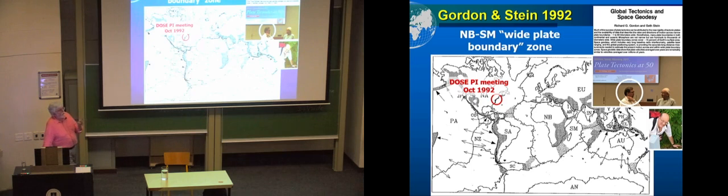We use the radio telescopes. And so after the DOSE meeting, I became involved with the astronomer in Cape Town, Bob Stobie, and the Hartebeesthoek Radio Astronomical Observatory, in beginning to use the radio telescopes as well, what we call very long baseline interferometry.